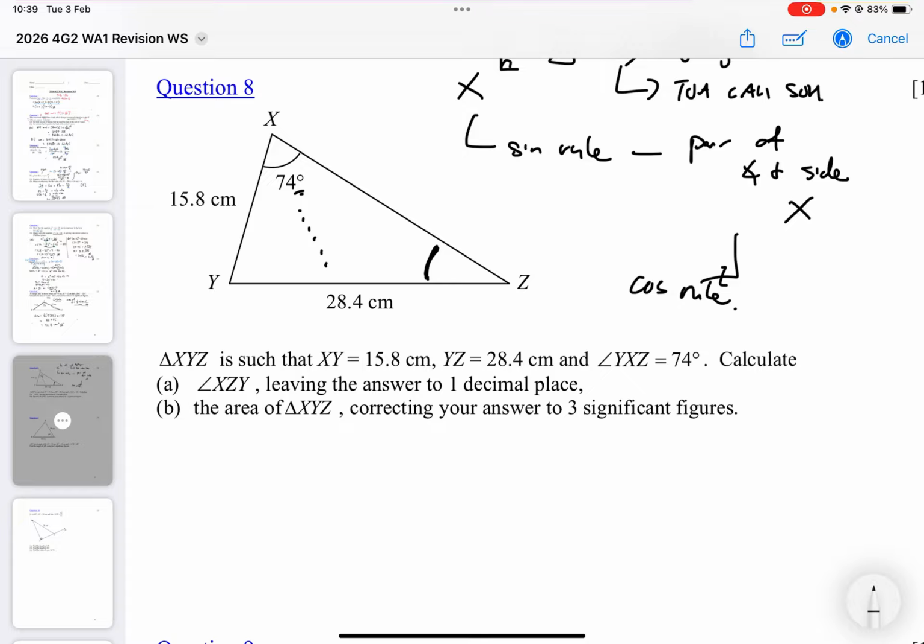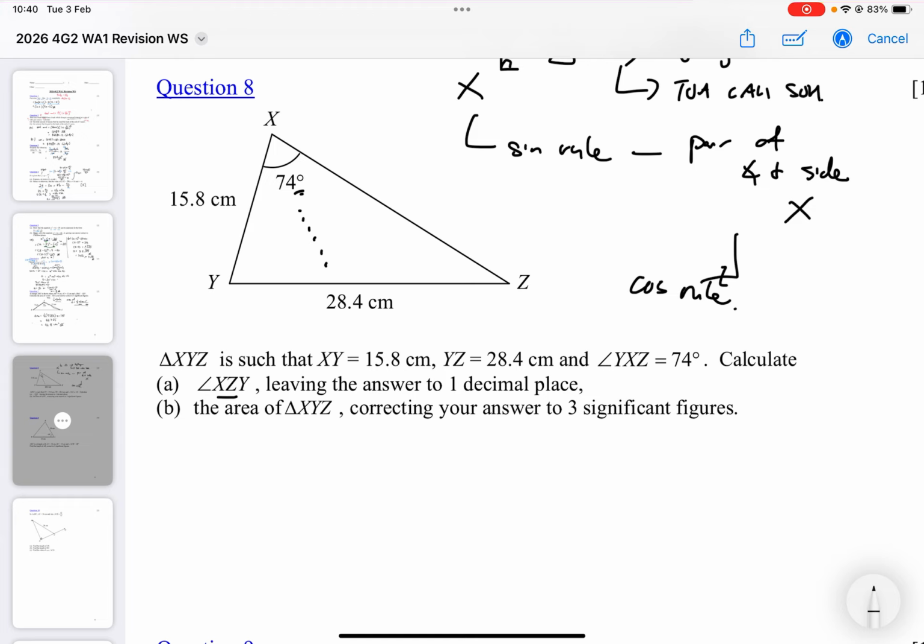For sine rule, it can be angle over the side or side over the angle, depending on which one I want to find. In this case, I want to find angle XZY. If I'm finding an angle, it is easier to put the sine of the angle on top.